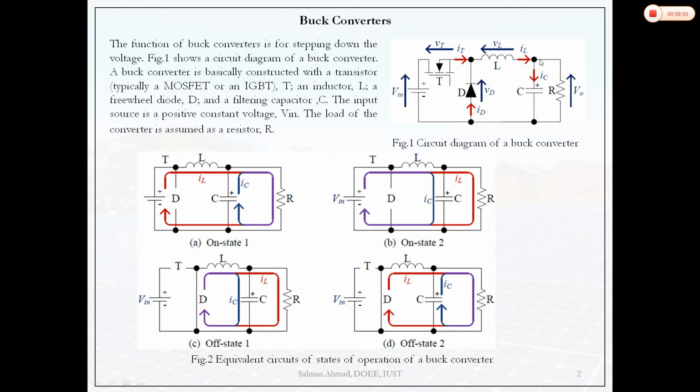In that case, the capacitor will supply the remaining current, because the load current is DC. Say for example, this is 20 ampere and here we have only 10 ampere. So the remaining 10 ampere will come from this capacitor. So the capacitor will get discharged.